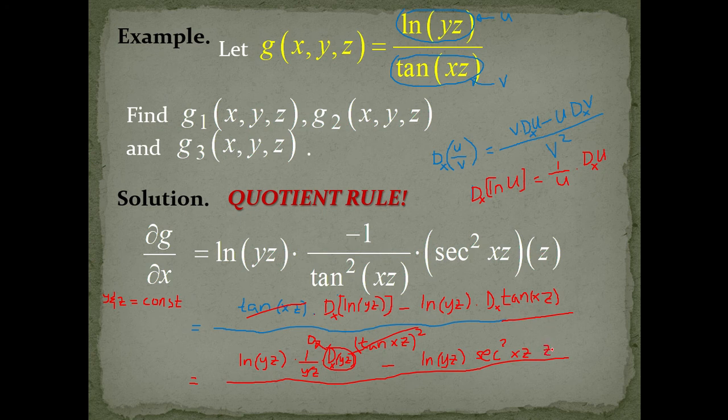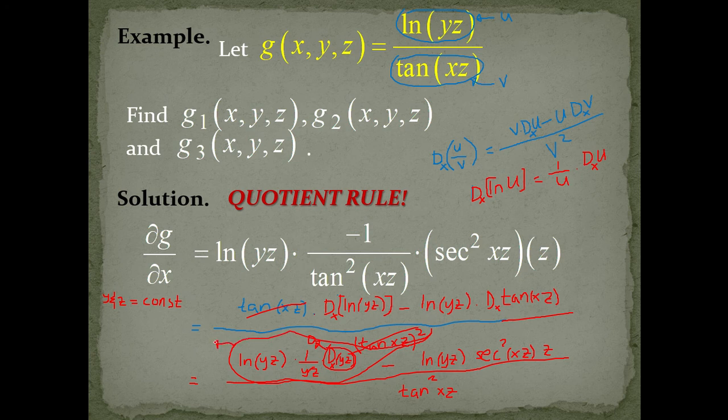Okay. And then divided by the tangent, so this would be tangent xz, and then squared. Alright, so after differentiating the whole thing, this part becomes 0.